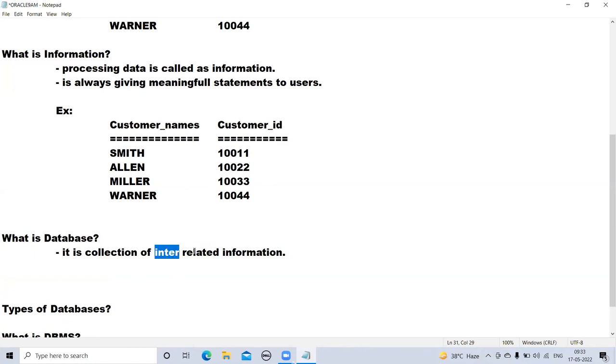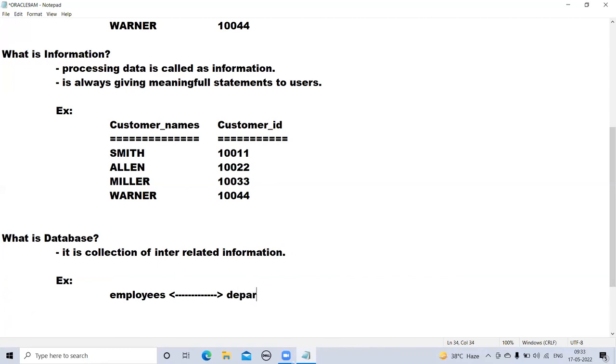Here, examples of interrelated information: suppose employees are there. Employees depend on departments, and in the same way a department is nothing but employees.